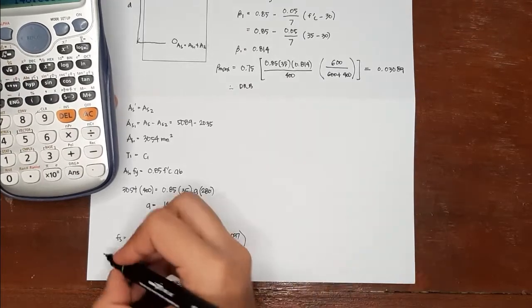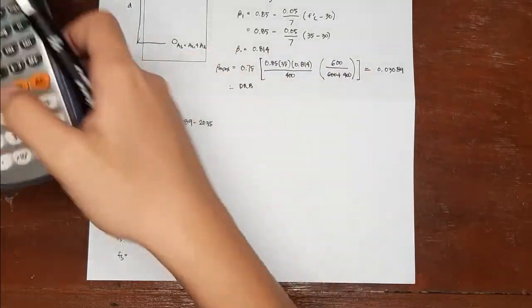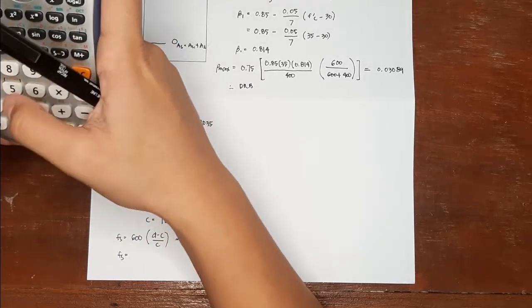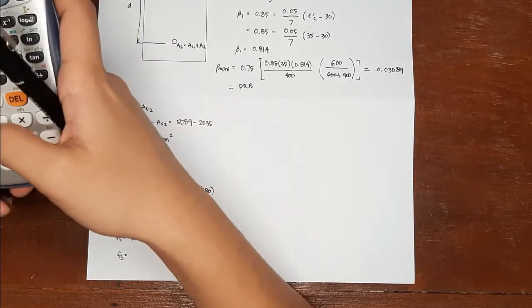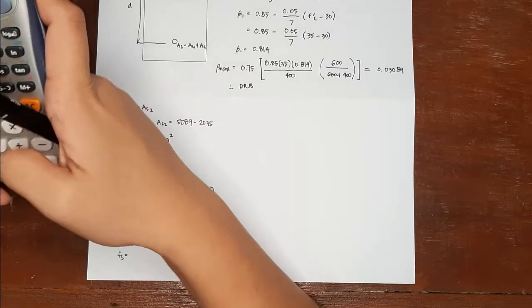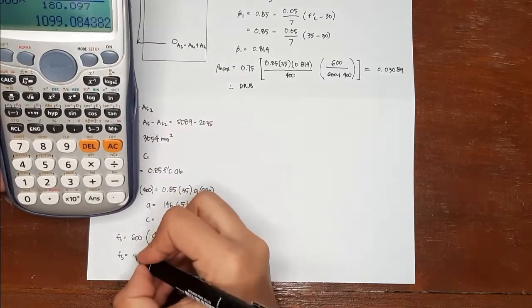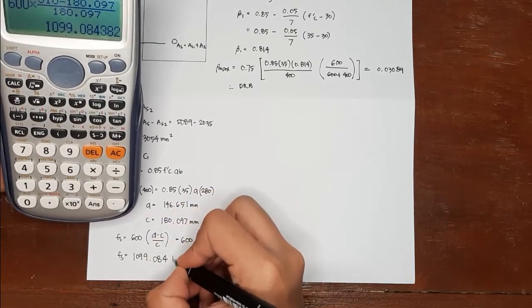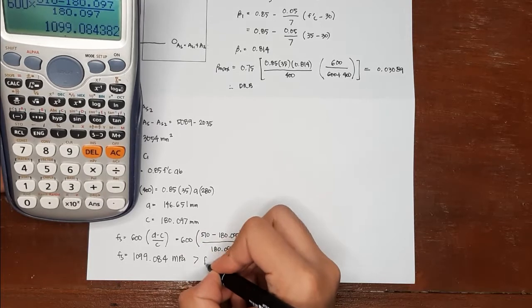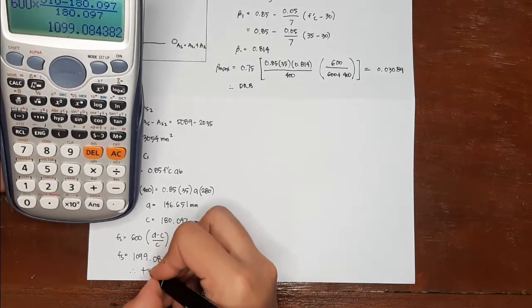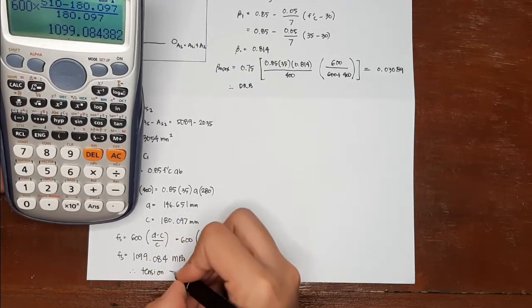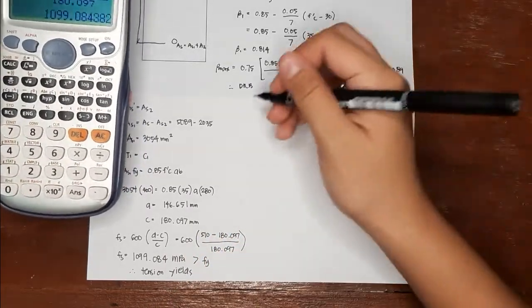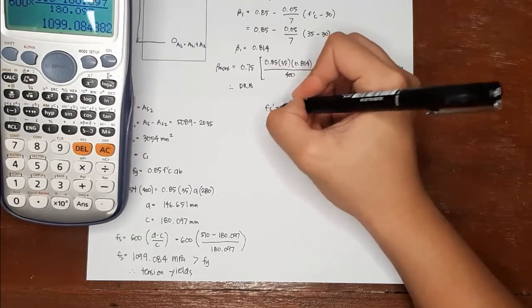Your Fs is equal to 1,099.084 megapascals. This is greater than your Fy, therefore tension yields.